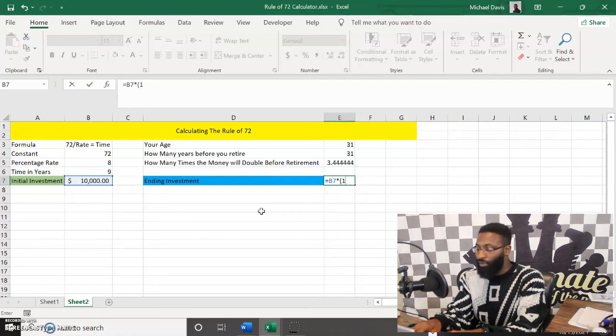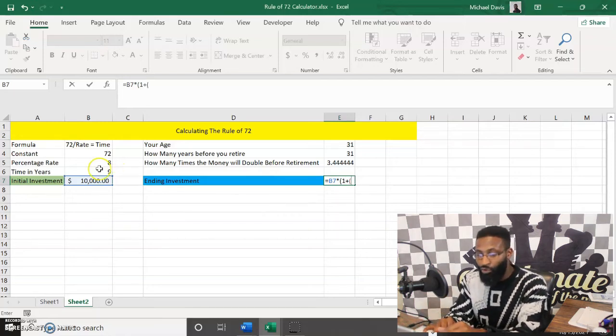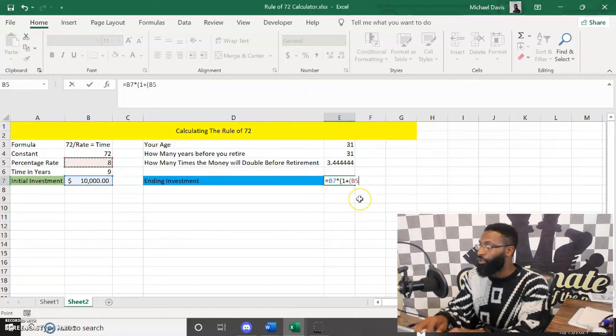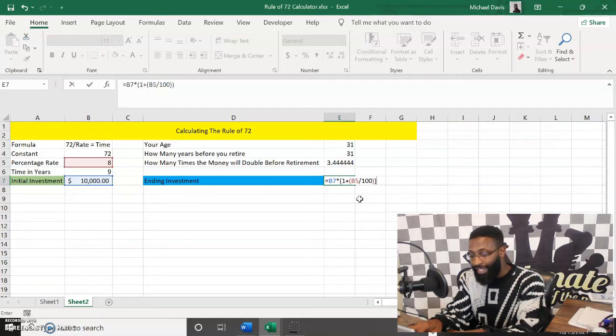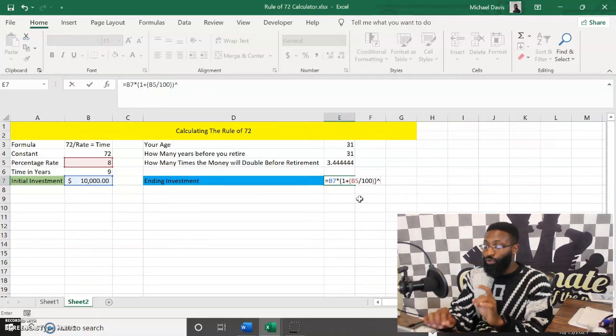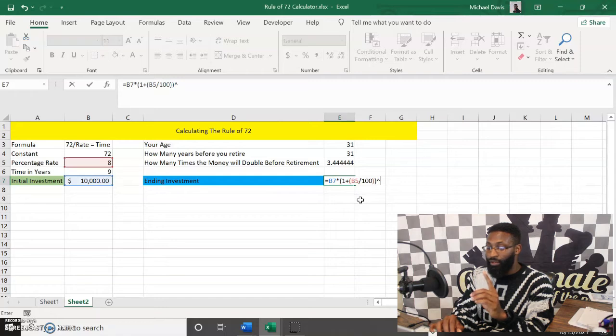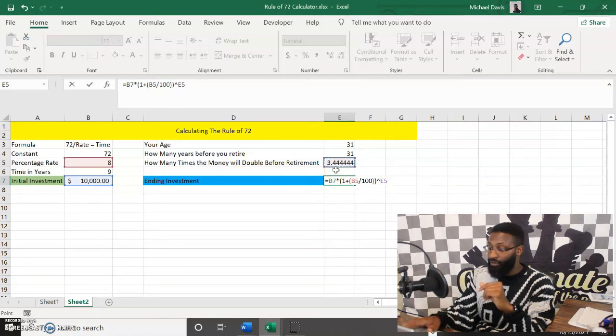So the gain is going to be plus the actual percentage rate, which is 8% in this example here, and it's going to be divided by 100 to be put back into percent form, and it's going to be raised to the power of how many times it's going to double before you retire.